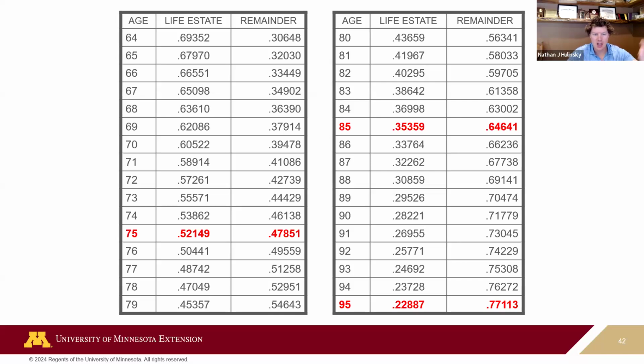We can see that the life estate portion goes down and the remainder interest goes up. It always equals 100%. Once you're 75, it's roughly 50-50. Once you're 85, roughly 1/3, 2/3. And even at 95, it's still roughly 1/4 and 3/4.